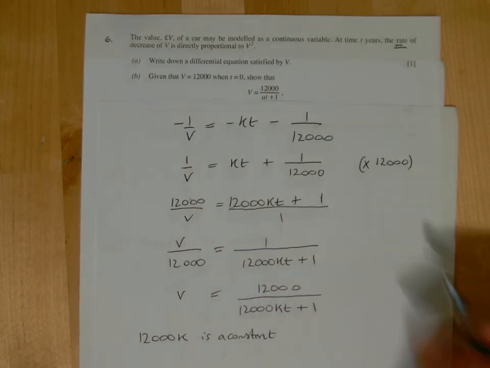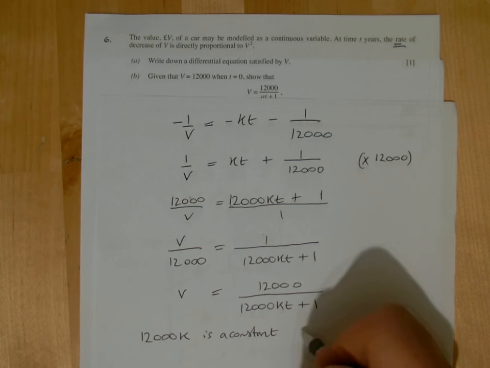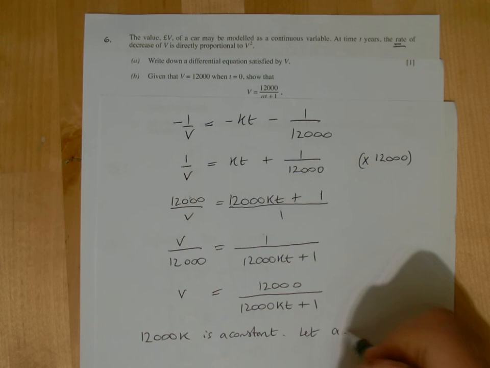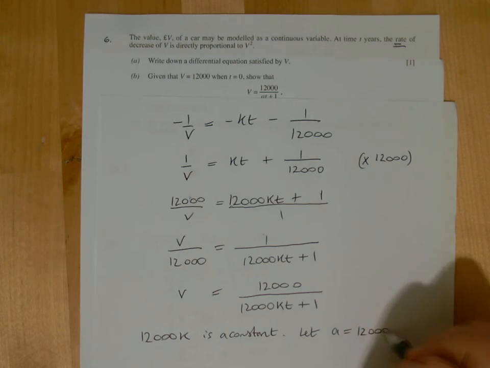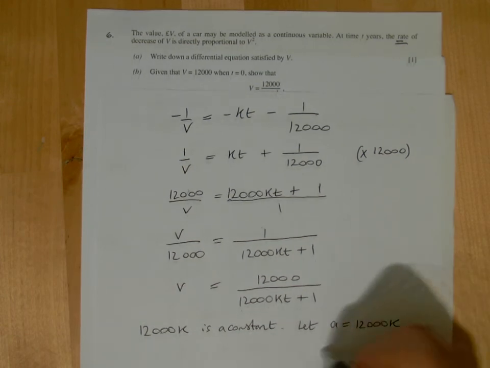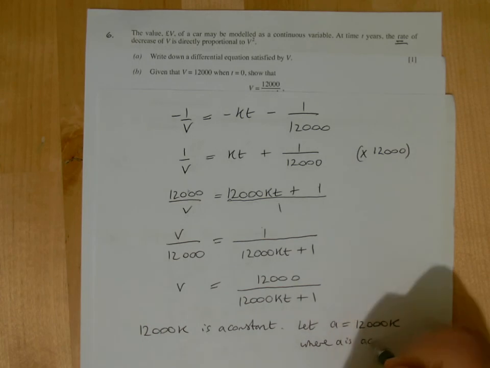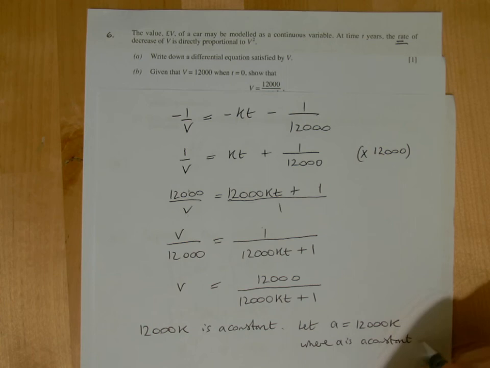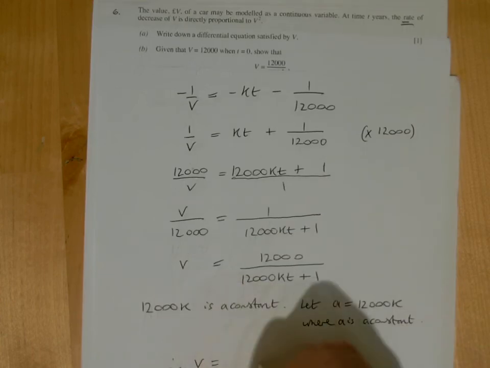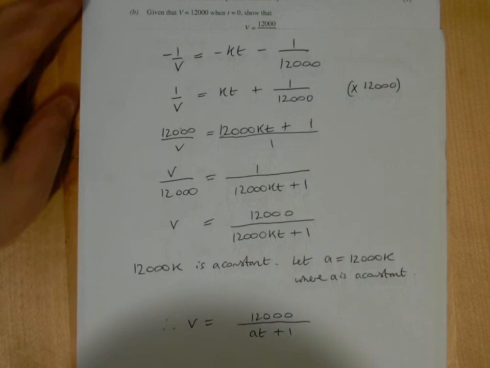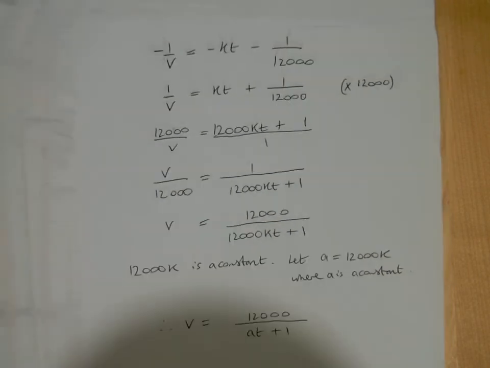We could say let a equal 12,000k, where a is a constant. So therefore v will equal 12,000 all over at plus 1. So I've replaced the 12,000k with a constant a. We're allowed to do that.